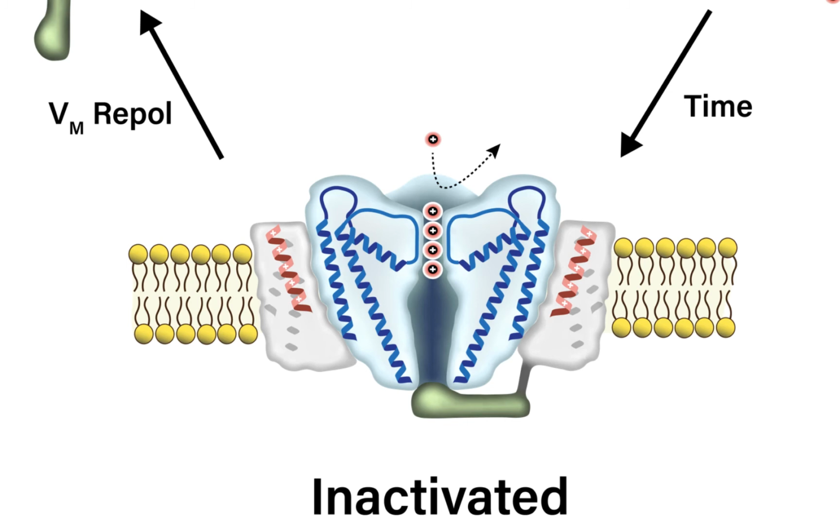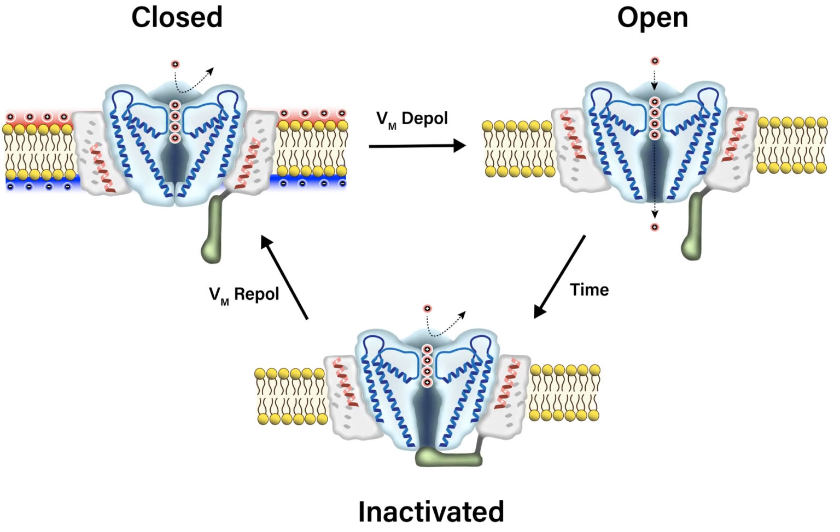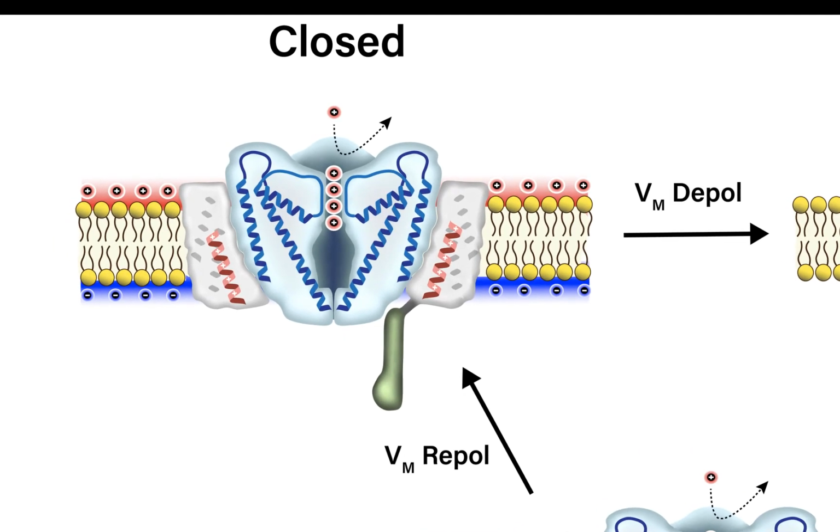In order to reset the inactivation gate and swing it back out of the way from the channel pore, this requires membrane repolarization. During membrane repolarization, the membrane potential is once again reestablished such that we have a negative potential upon the inner leaf of the membrane and a positive potential upon the outer leaf of the membrane.